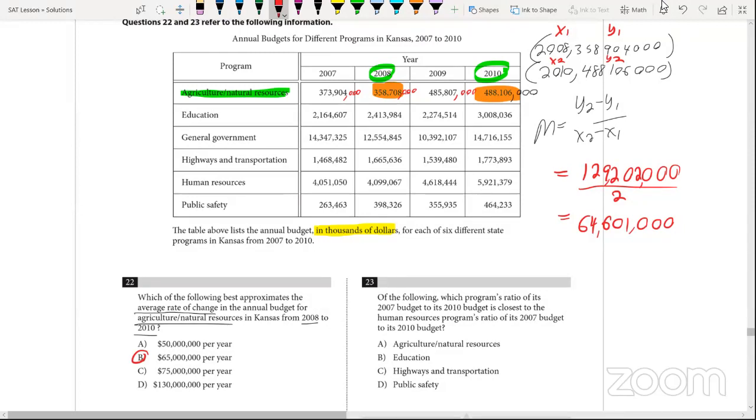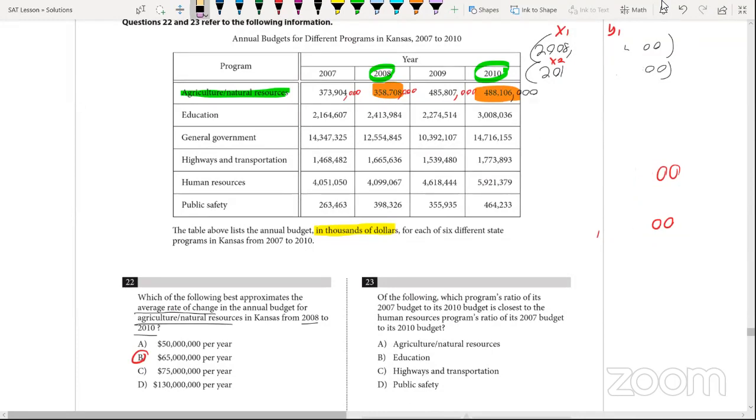Now moving on to 23. Of the following, which program's ratio of its 2007 budget to 2010 budget is closest to the human resources program's ratio of 2007 to 2010? So what's HR's ratio?